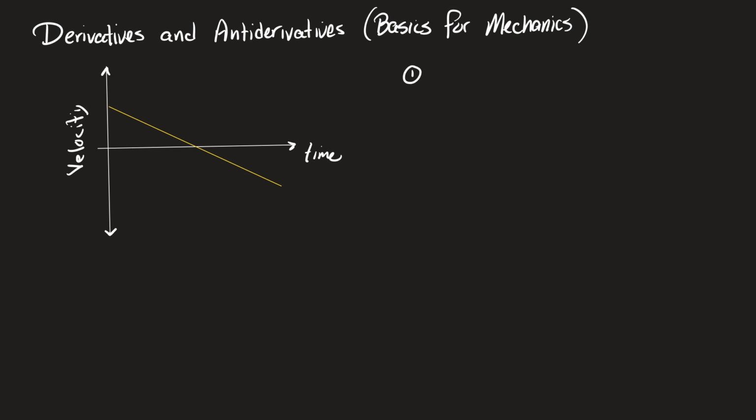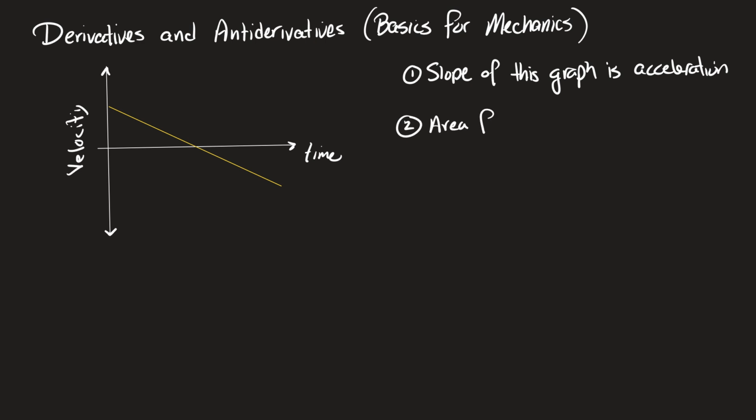First, the slope of this graph is acceleration. And the area of this graph is displacement.